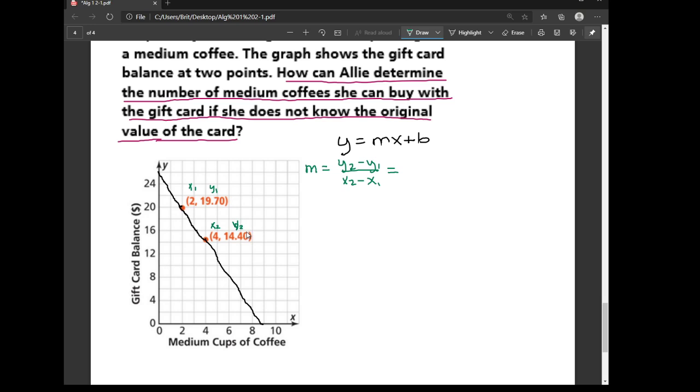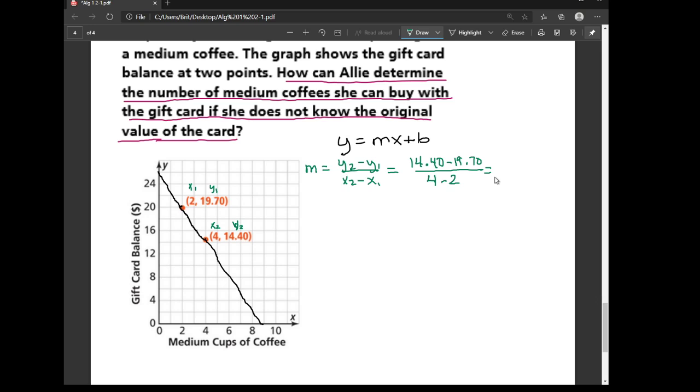So y2 is 14.40 minus y1 is 19.70. I'm going to need my calculator on this one. And then I divide it by x2 minus x1. So x2 is 4 minus x1, which is 2.